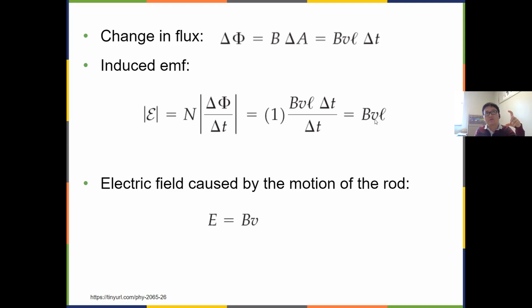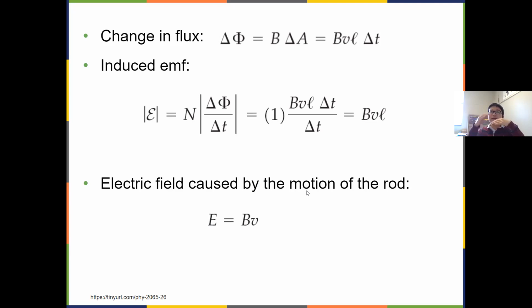Okay, so if you have a rod that is moving inside the magnetic field, and that rod is perpendicular to the magnetic field, it generates an induced EMF of magnitude BVL. Now you can treat the rod as equivalent to a battery, because the motion of the rod produces the induced EMF.